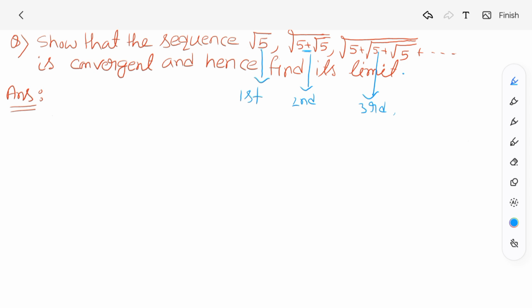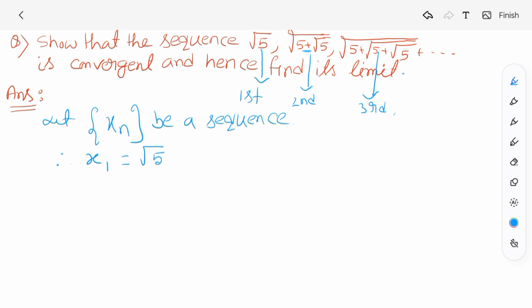So we assume, let xn be a sequence. So students, root 5 is the first term, therefore x1 is root 5, x2 is root of 5 plus root 5, which you can write as root of 5 plus x1, because this is my x1.